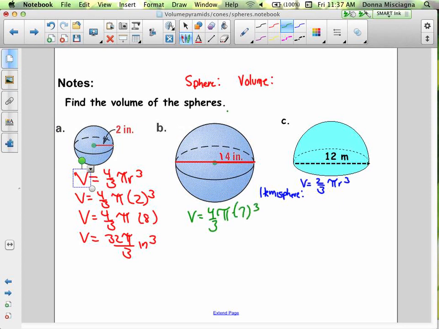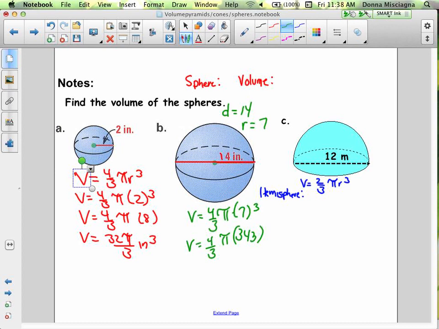So here our diameter is 14. That means the radius is 7. All right, so we'll cube. So I do know 7 cubed, but does anyone know it without looking? Did you get it without looking? Very good. 343 is correct.